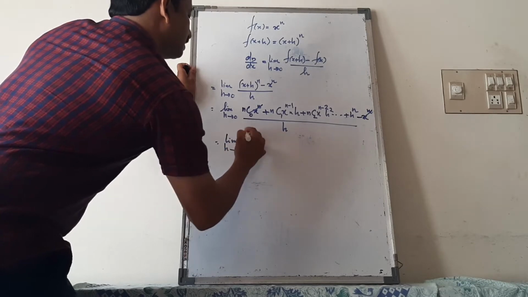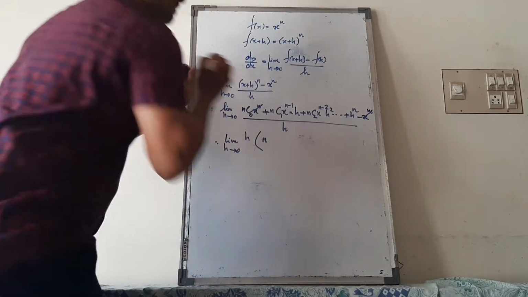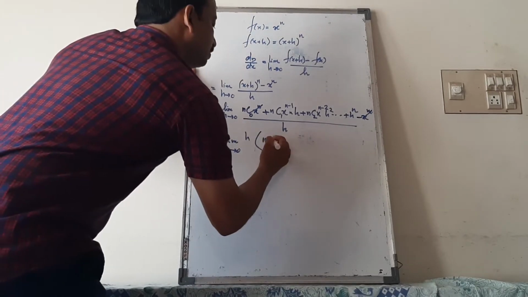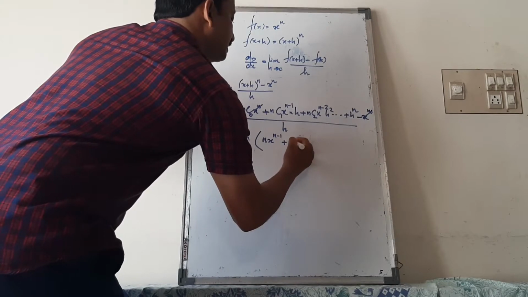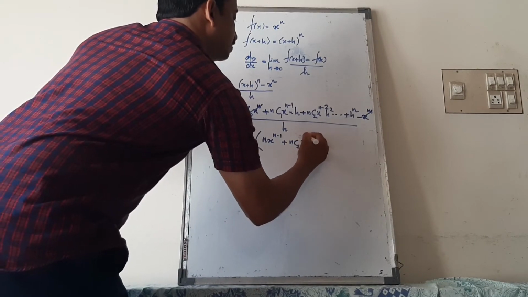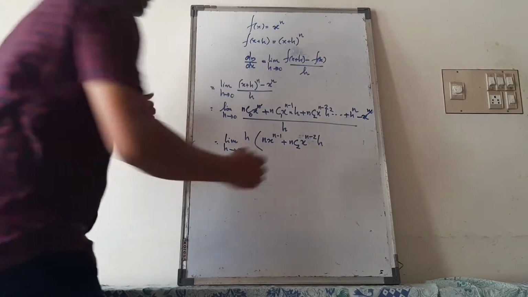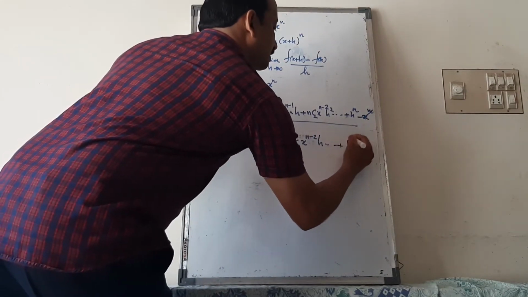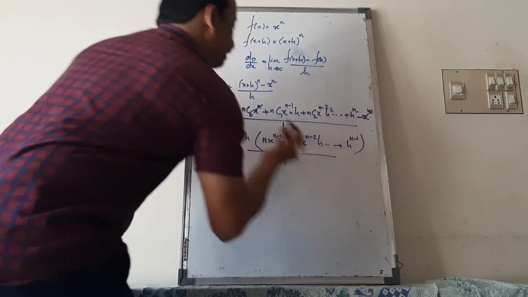You take h as common. Therefore the value of nc1 is n into x raised to n minus 1 plus nc2 into x raised to n minus 2 into h square, etc. And our last term is h raised to n minus 1, the whole divided by h.